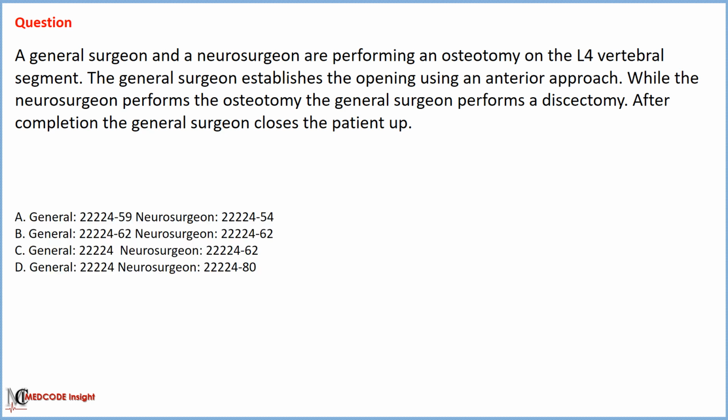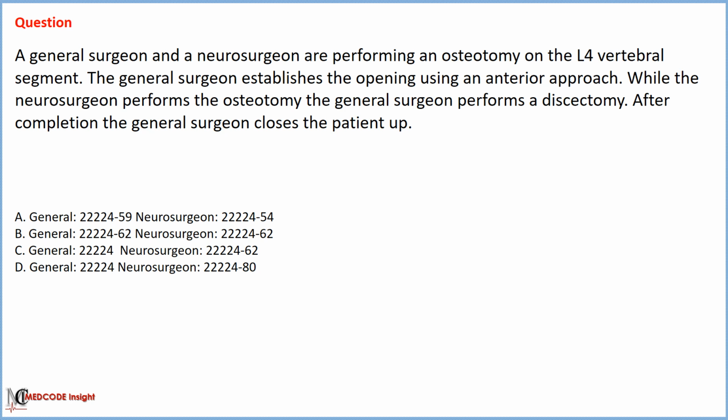Option A, with the code 22224 along with modifier 59 for the general surgeon and 22224 along with modifier 54 for the neurosurgeon. Option B, with the code 22224 along with modifier 62 for the general surgeon, 22224 along with modifier 62 for the neurosurgeon.